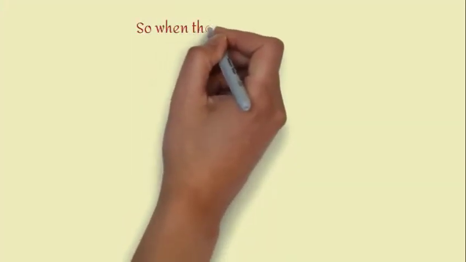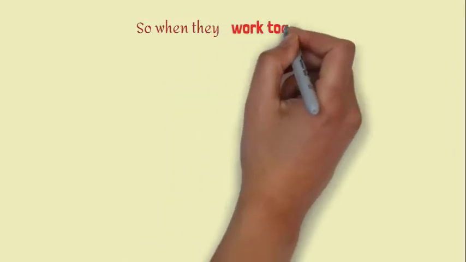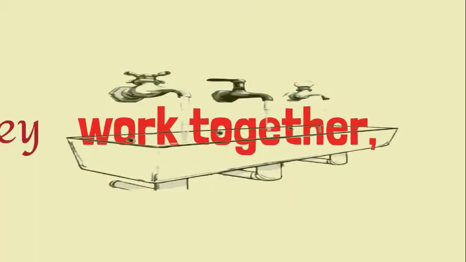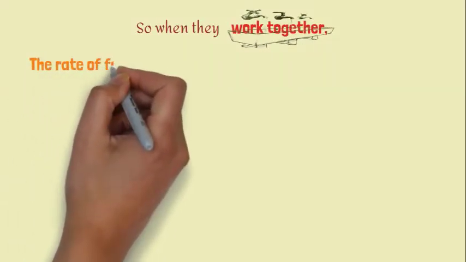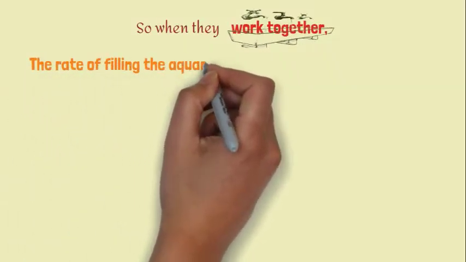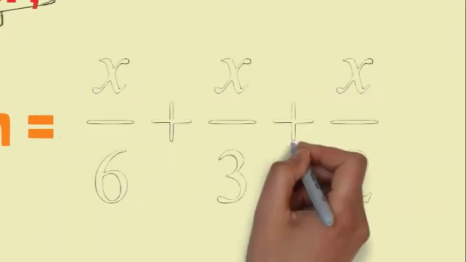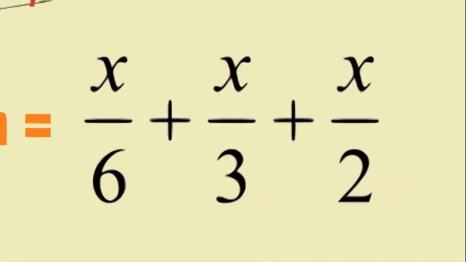So when they work together, the rate of filling the whole aquarium by all of them equals x over 6 plus x over 3 plus x over 2.